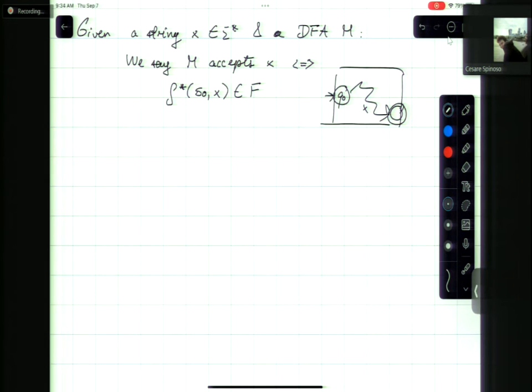I'm not quite sure I understand the question. Are you saying, are there cases where DFAs are useless? Not when they're on the midterm.